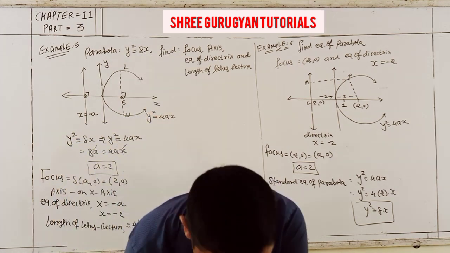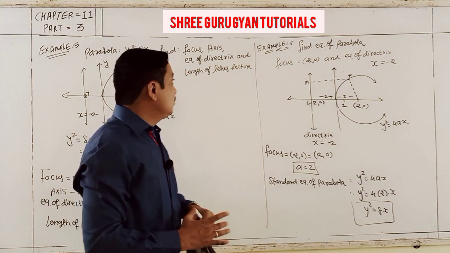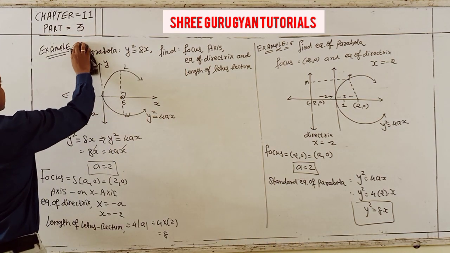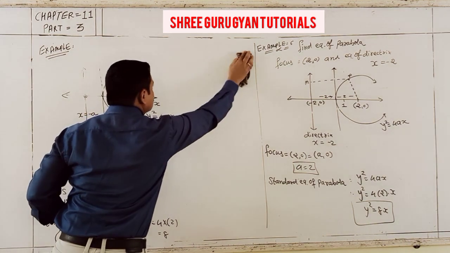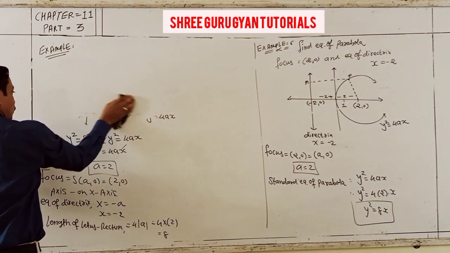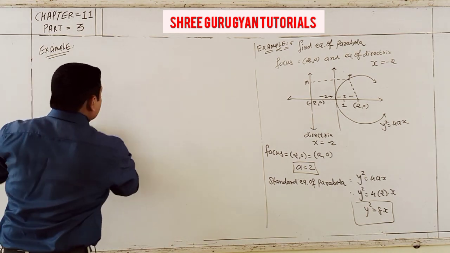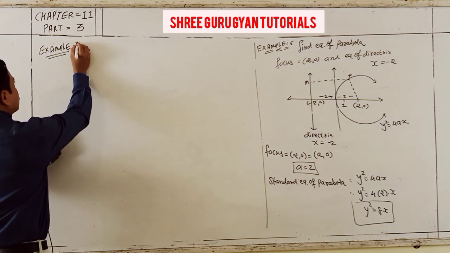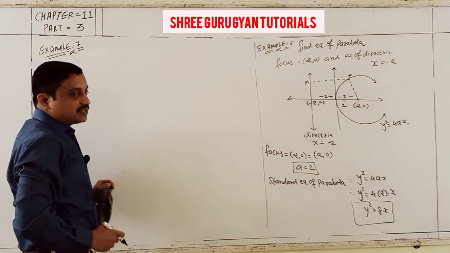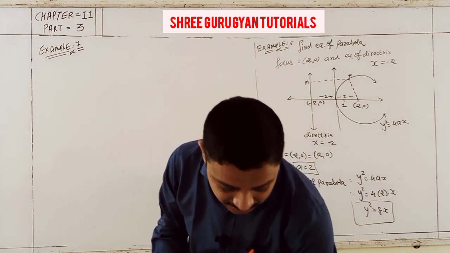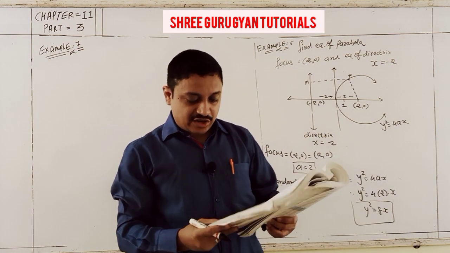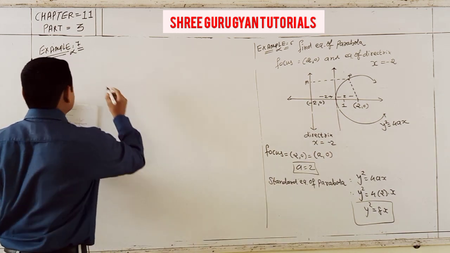Yes. Now continue. Example number 7 also runs in the same way. The vertex is 0 0 and the focus is given as 0, 2.